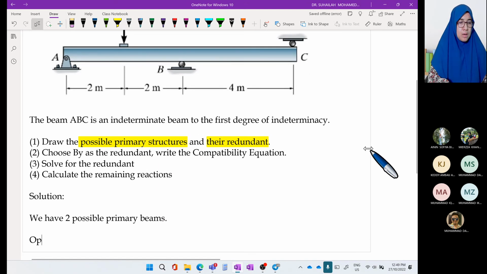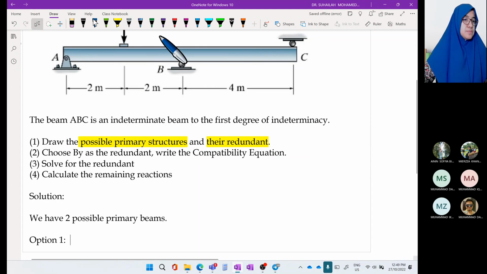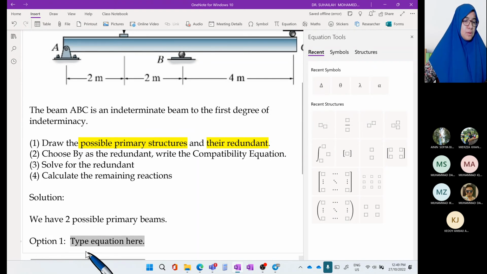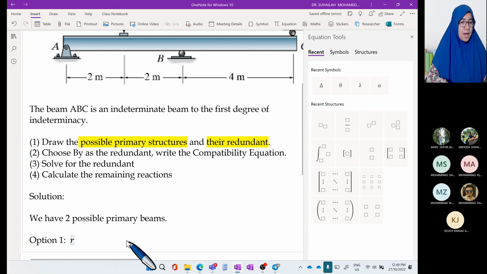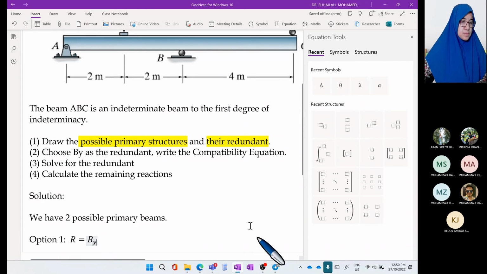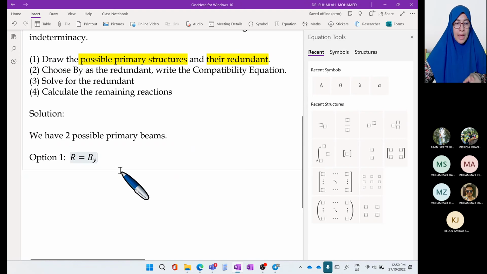So option number one. Option one is when the redundant is equal to BY, B and Y. Okay, option number one is BY as the redundant.